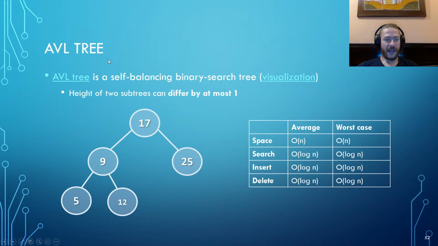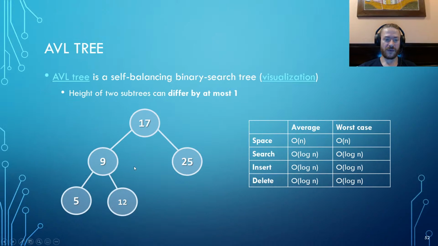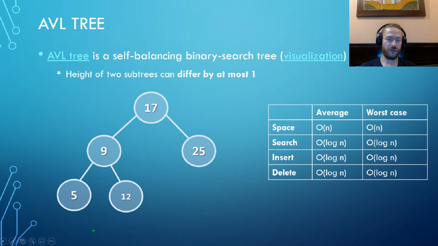The property of the AVL tree is that the heights of two subtrees can differ by at most 1. So this is a valid AVL tree, but if we add a value here, for example 1, it will need to rebalance itself so that the height will continue to be correct.